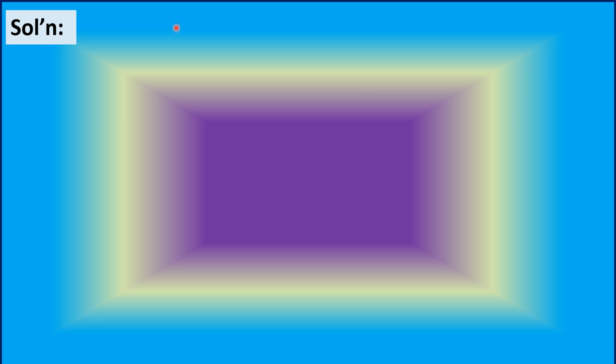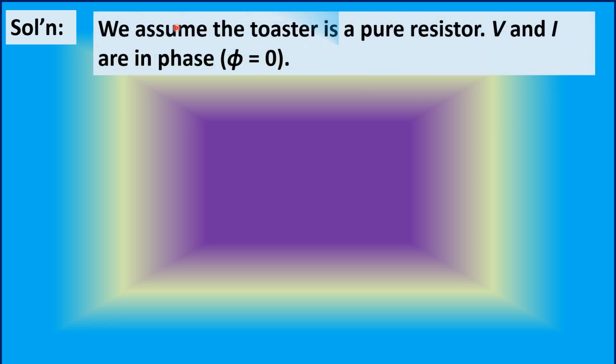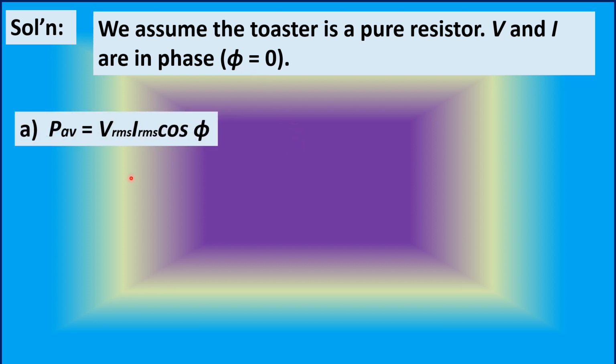So our solution, we assume that the toaster is a pure resistor where the voltage and the current are in phase. And that means also that the phase angle phi is equal to 0. So the average power is just equal to the product of the RMS voltage and the RMS current multiplied by the cosine of the angle phi.